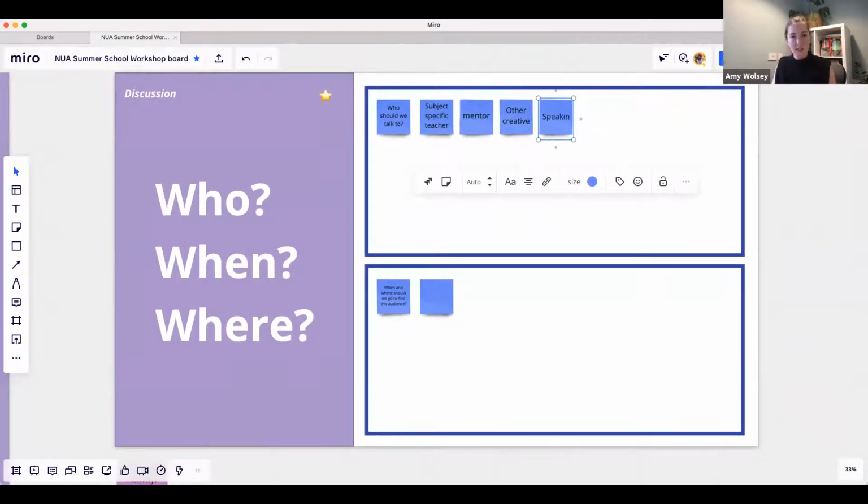Let's say you were pulling together a portfolio for university. Who might you talk to? Who might you show it to and get some feedback? Yeah, great. If you've done some previous work in the past, people that have commissioned work from you, that would be great.